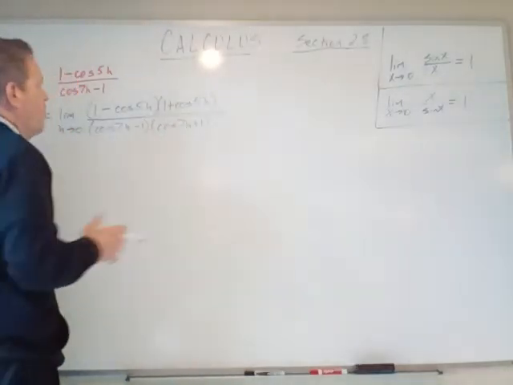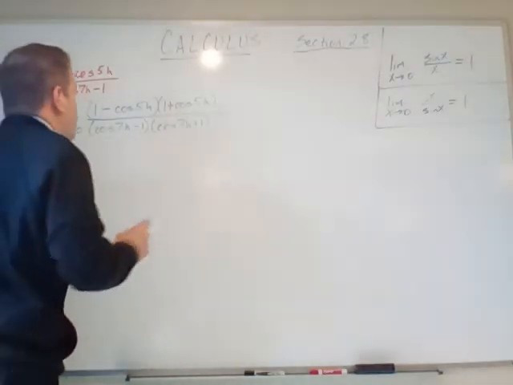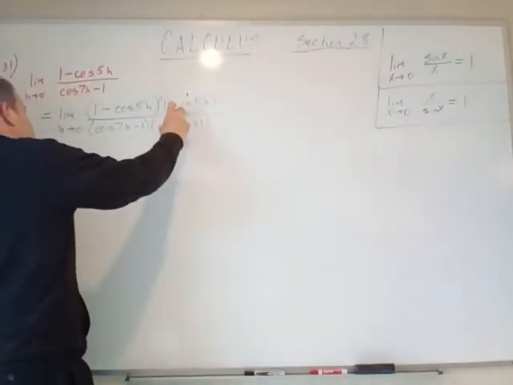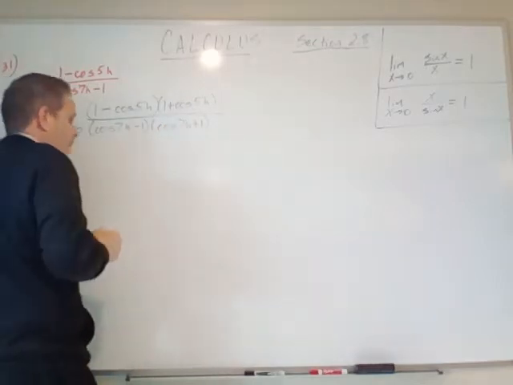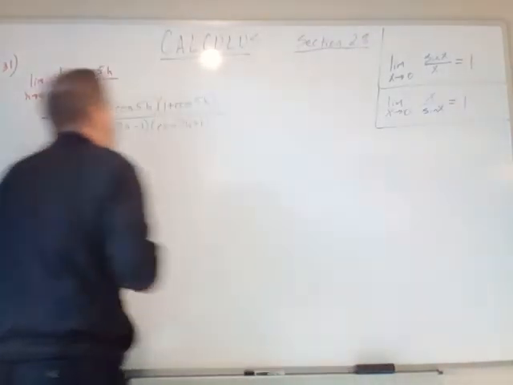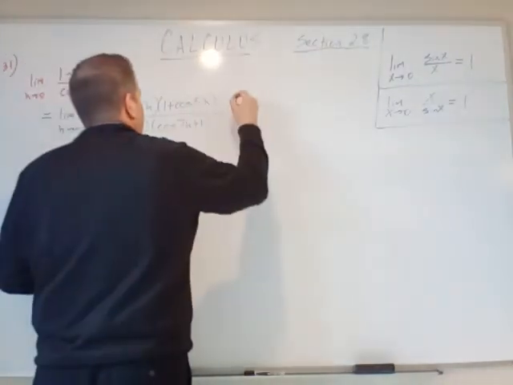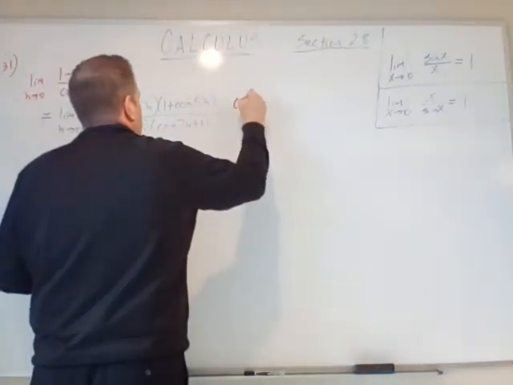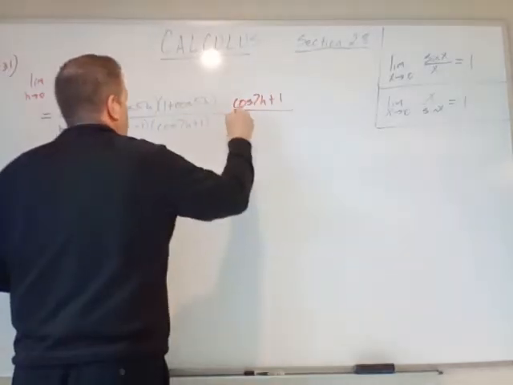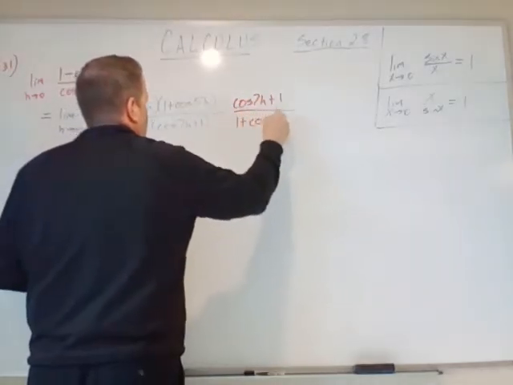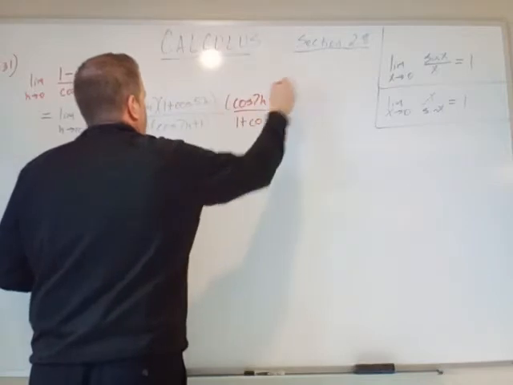Okay, well, we just offset the balance of our equation. We've introduced a conjugate to the numerator, a different conjugate to the denominator. That means in order to make this balanced, I have to put the cosine of 7h plus 1 up top and 1 plus the cosine of 5h in the denominator.